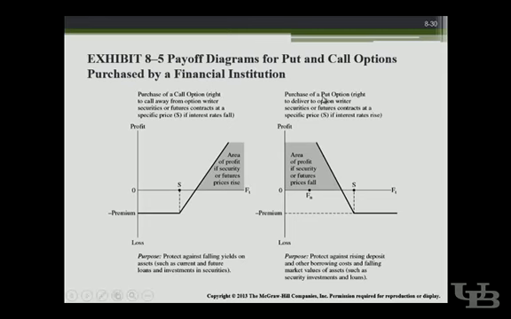This, on the right-hand side, is a put option. A put option is a right to deliver. A put option is to protect against rising interest rates. If you recall, in the short futures contract, an expected rise in interest rates was associated with the short futures.